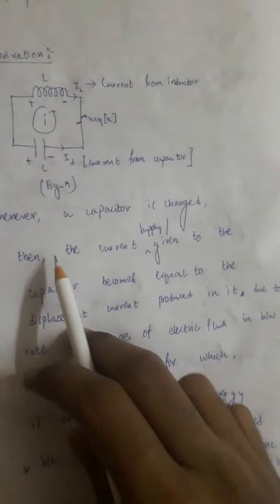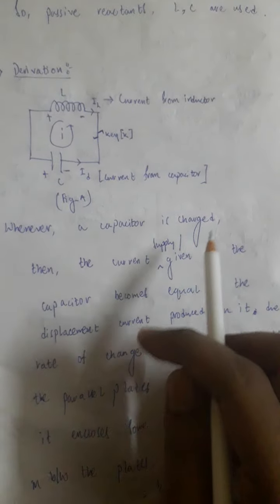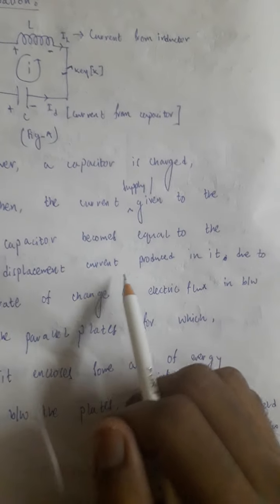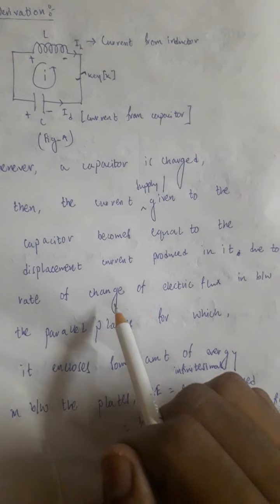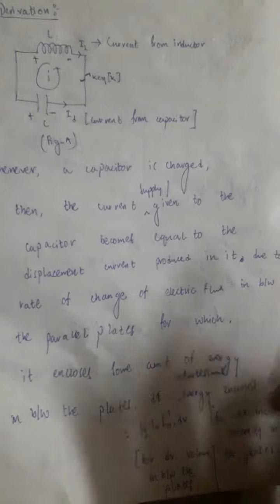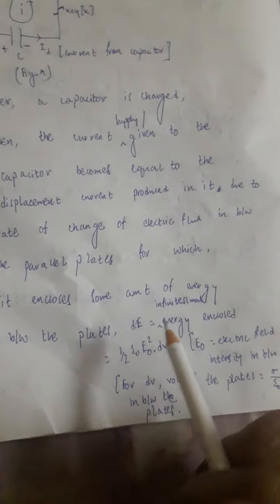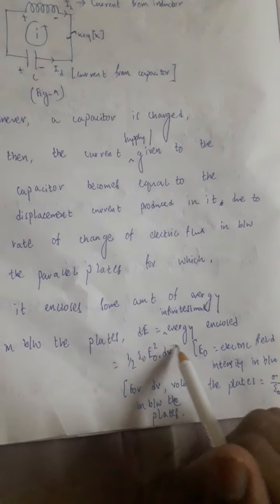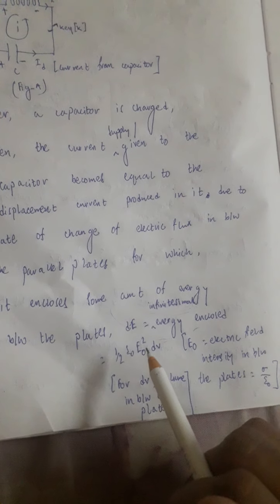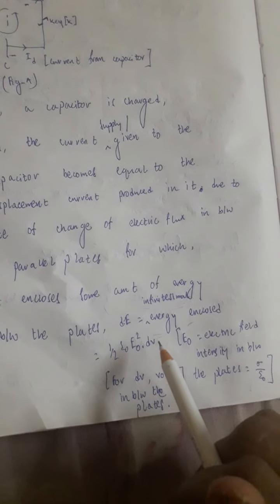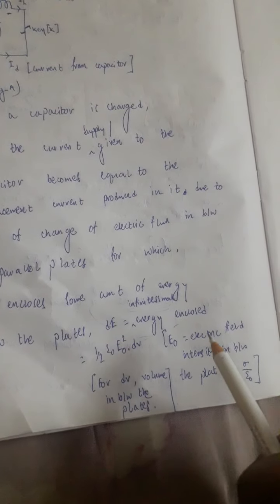Whenever a capacitor is charged, the current supplied to the capacitor becomes equal to the displacement current produced in it, due to the rate of change of electric flux between the parallel plates, for which it encloses some amount of energy between the plates, where dU, the infinitesimal energy enclosed, is equal to half epsilon naught E naught square into dV, where E naught is the electric field intensity between the plates, equal to sigma by epsilon naught.